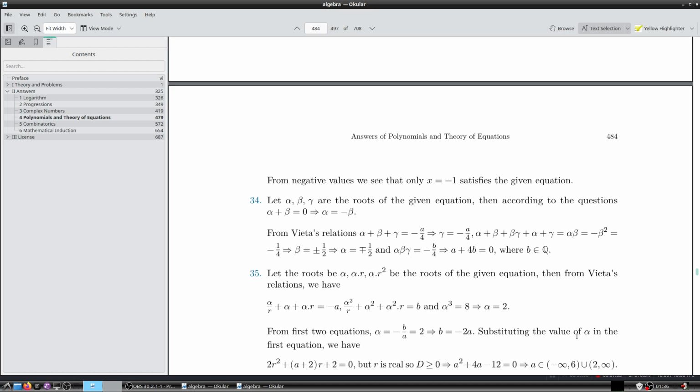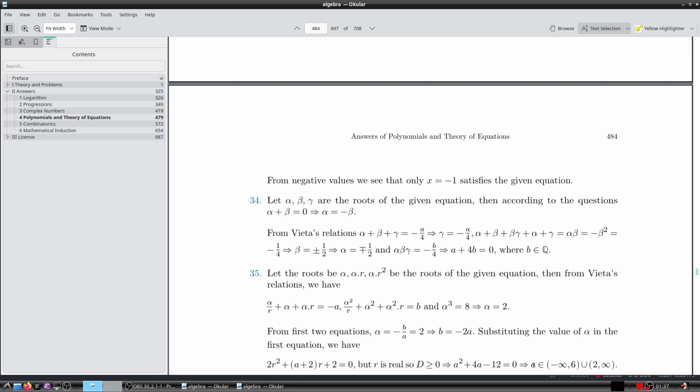Now we substitute the value of alpha in the first equation, that is this equation. So it becomes 2r square plus a plus 2 into r plus 2 is equal to 0. But r is real, so discriminant would be greater than or equal to 0. That means a square plus 4a minus 12 is greater than or equal to 0.